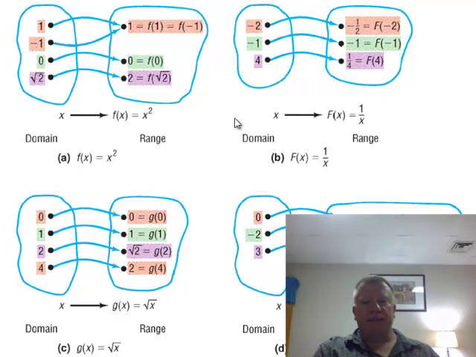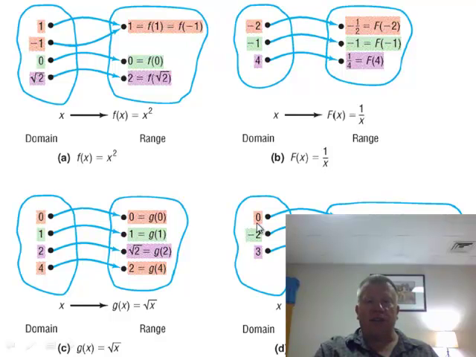F, G, H, K, J, sometimes. Usually F, G, H. Could be other letters of the alphabet, though. And then followed by the open and closing parentheses with either the independent variable x or some number that you want to evaluate your function at.